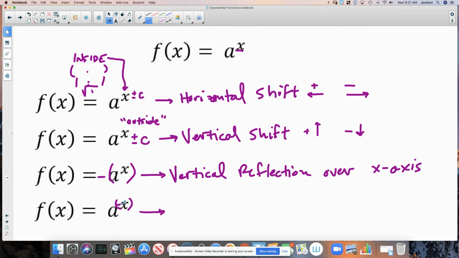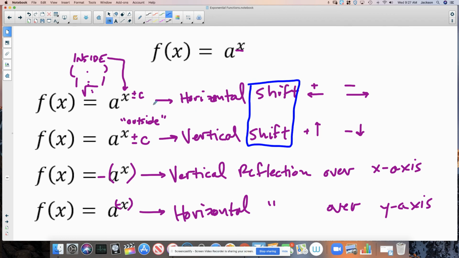If we see a negative up top, we know that this is a horizontal reflection, and that occurs over the y-axis. So these are the two types that we're going to see most often: shifts, seen as adding or subtracting either inside or outside, and then the reflections, with these negative numbers.